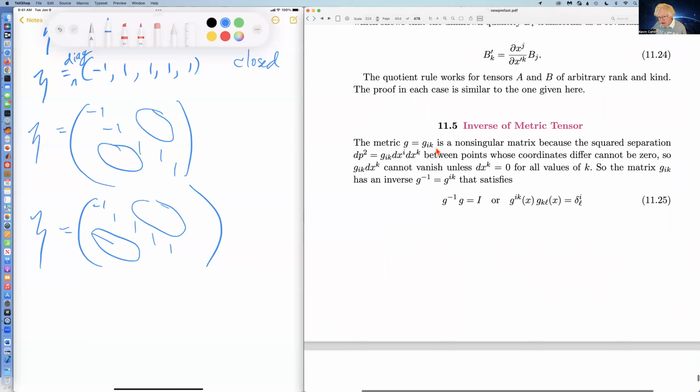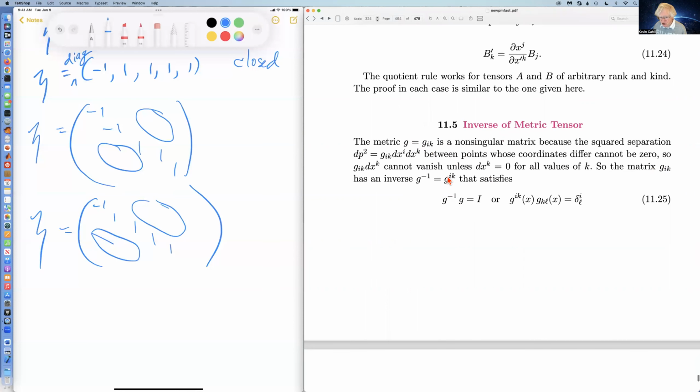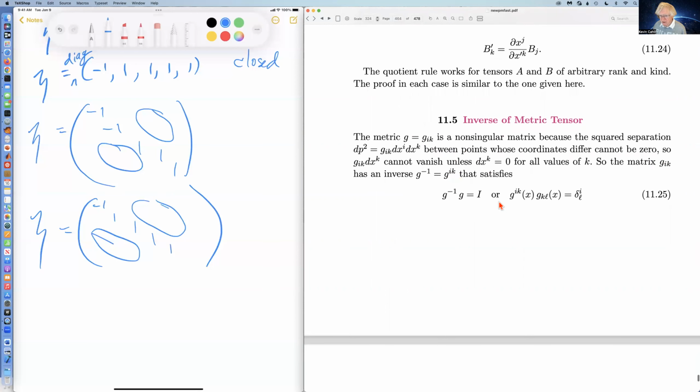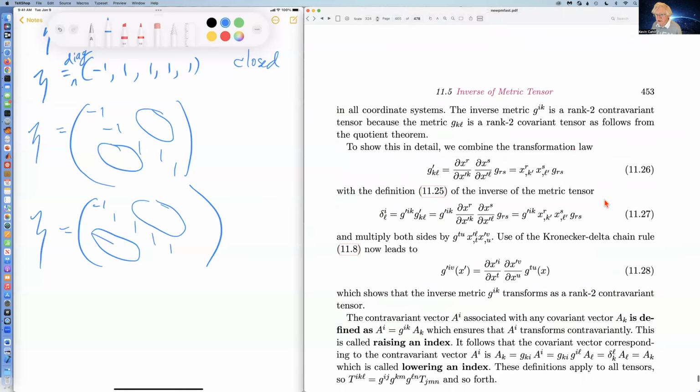Since G is non-singular, it has an inverse, and that inverse metric we write as G upper IK. We mean that it's an inverse in the sense that G inverse times G is the identity, and GIK, GKL gives you delta IL in all coordinate systems.